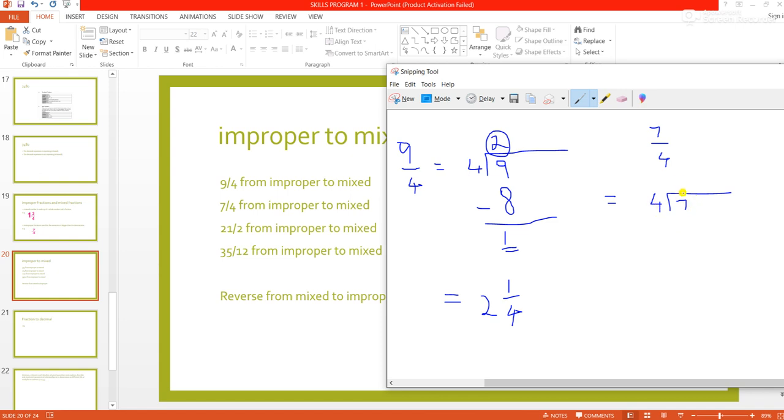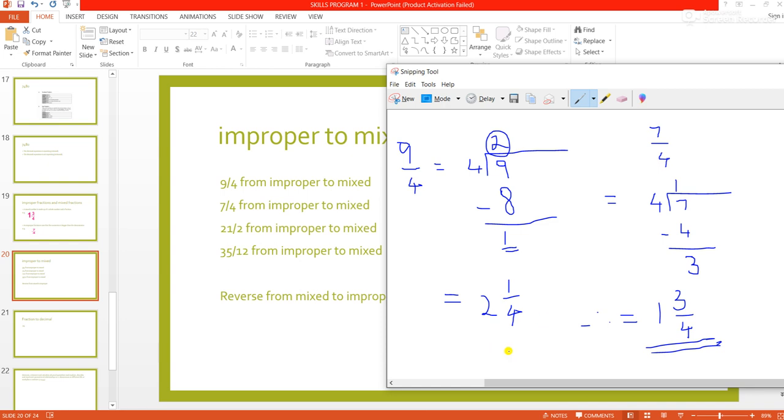It gets 1 time. 1 times 4 is 4, and 7 minus 4, the answer is 3. We can therefore say 1 will be our whole number, 3 over 4. The denominator always stays the same.